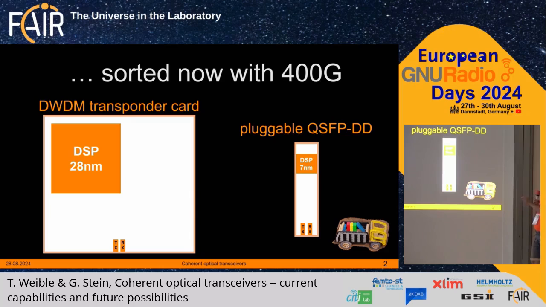So this is a big advantage: with 7 nanometer structures, we get a tiny DSP with a small amount of power consumption and size. Those DSPs are now placed on a module doing 400 gigabit and enabling coherent transmission. So that's the current state, and I hand over to Gerhard.